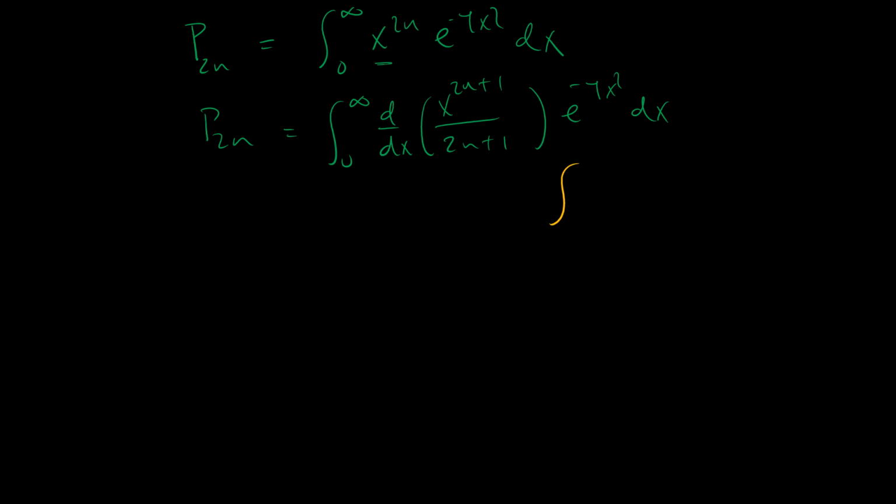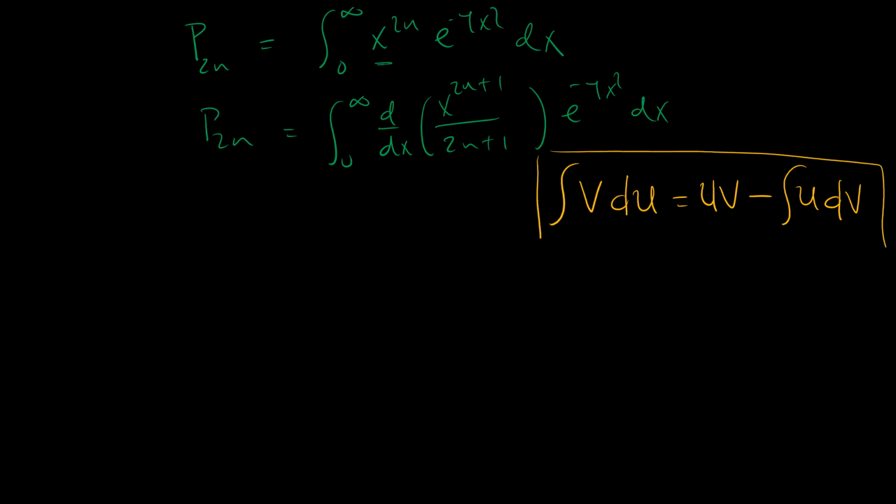If you have a product of a function v and a derivative of a function u, and you integrate that, you get the product of u and v, and then we subtract the integral of the product of a function u and the derivative of a function v. So this is a well-known formula for integration by parts.